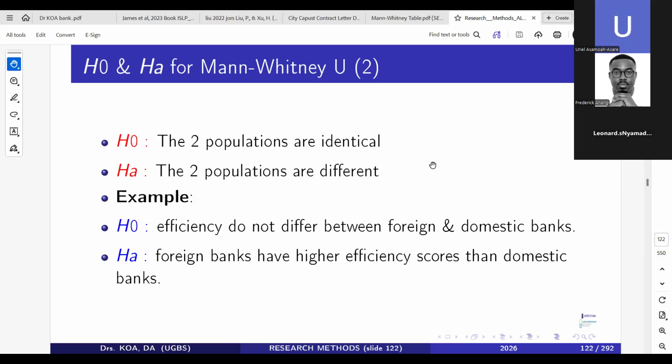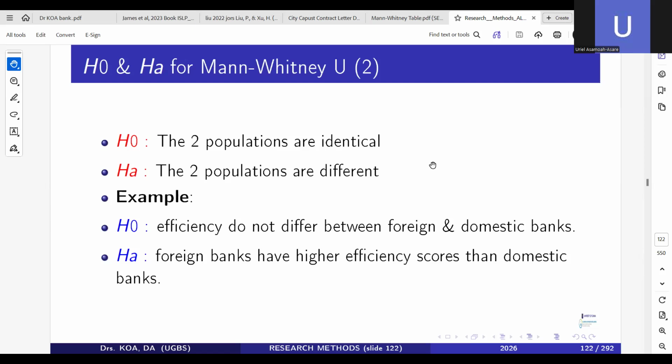Frederick, Anna. Prof, sorry, I think I was. So foreign banks have efficiency scores less than or equal to domestic banks. Somebody has said it. So you could have simply said foreign banks have at most the efficiency of domestic banks.